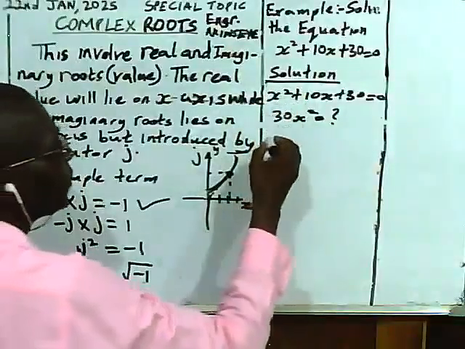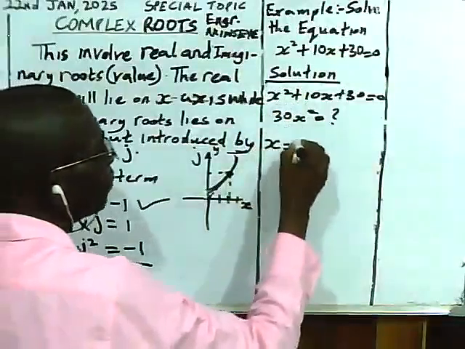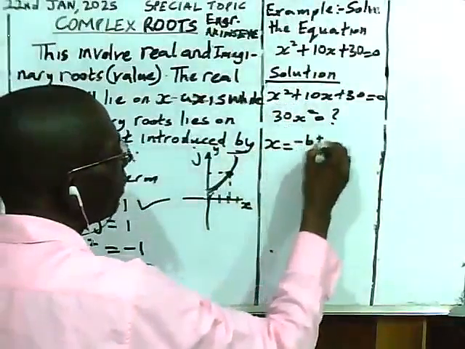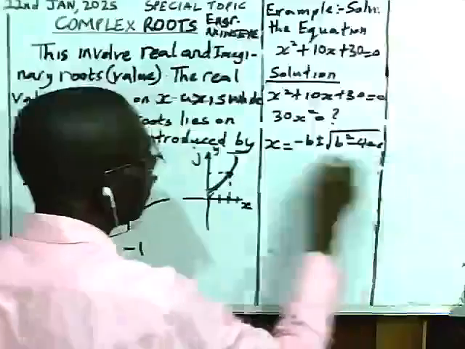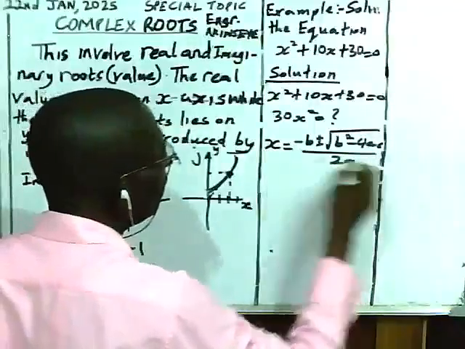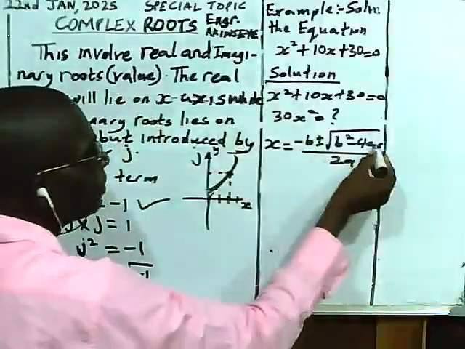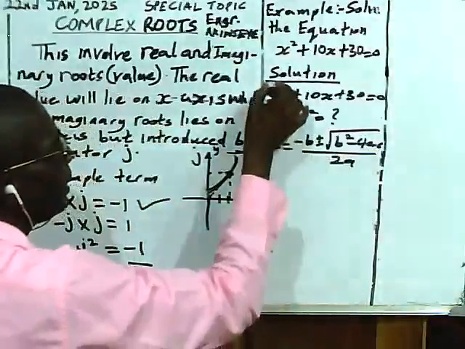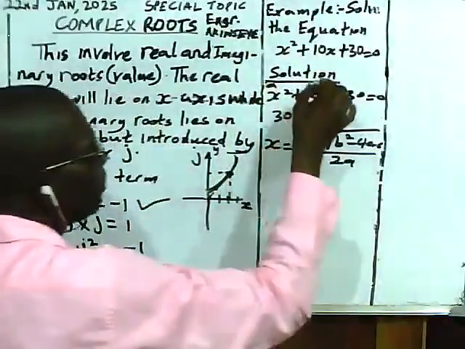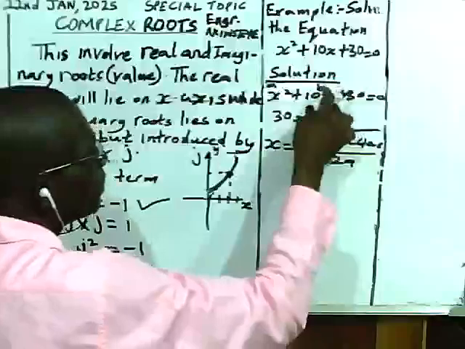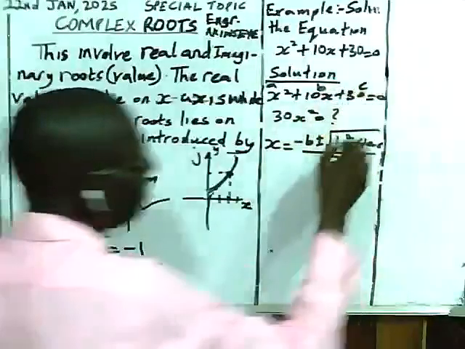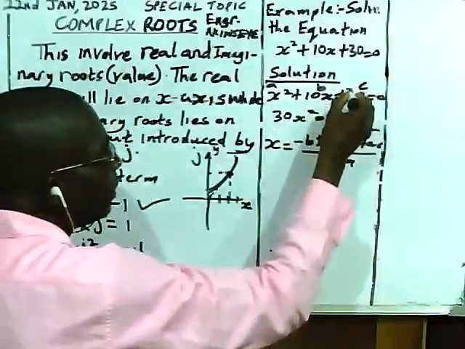By the formula method, we say that x equals minus b plus or minus root b squared minus 4ac, all over 2a. Now, what is a, what is b, what is c? a is the coefficient of x squared, b is the coefficient of x, while c is the one without variable x.